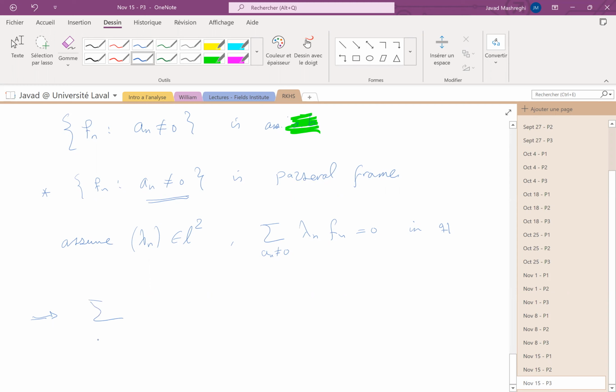So this implies that the sum over An not equal to 0, lambda n Fn of Z equals 0 for any Z in the disk.